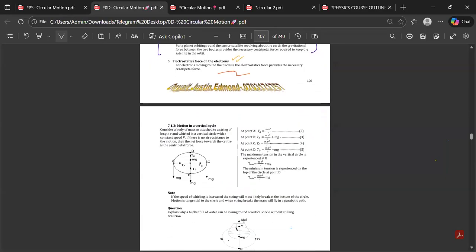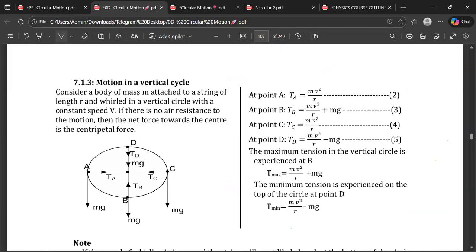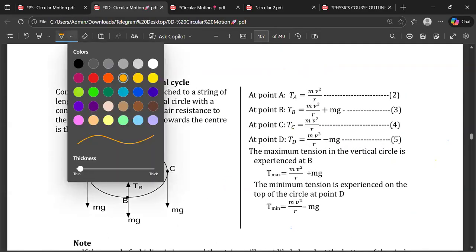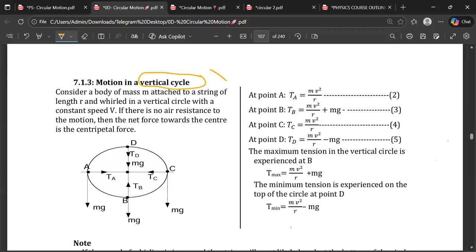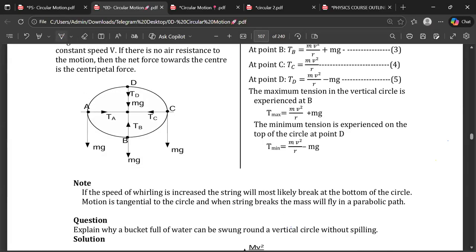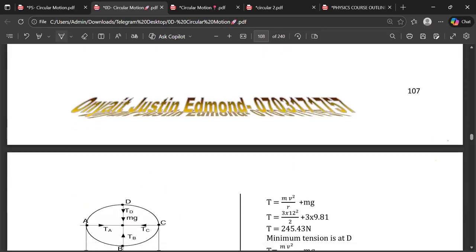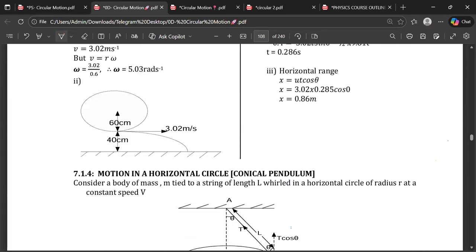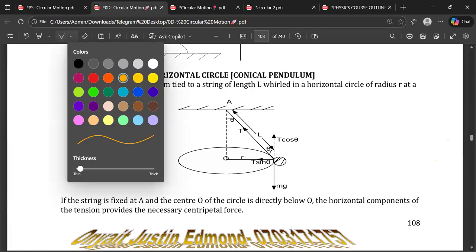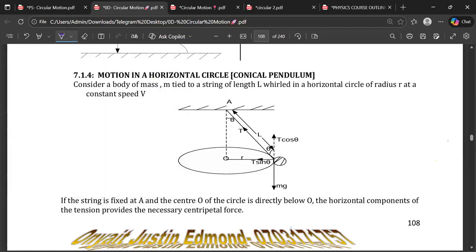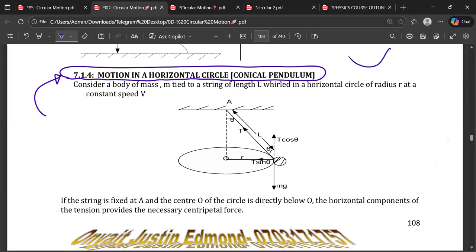Okay. You can see here the next thing is the vertical circle. But the vertical circle is not our thing. We don't need it. This is what I was telling you, that in most of the cases, they combine motion in a horizontal circle with the conical pendulum. I don't know if we should also do the same, but I prefer handling this later on.